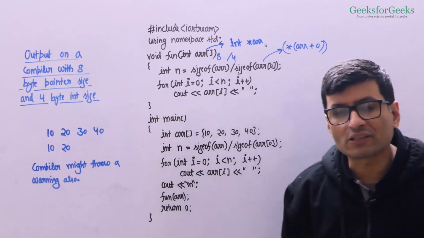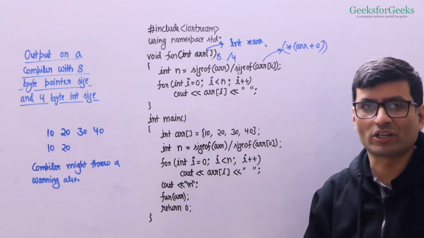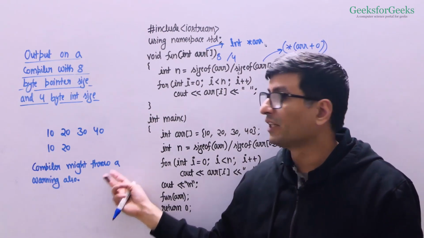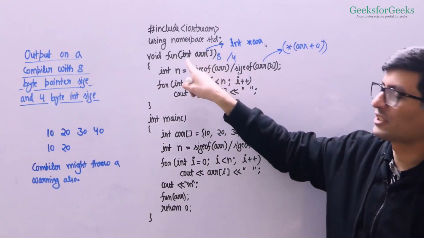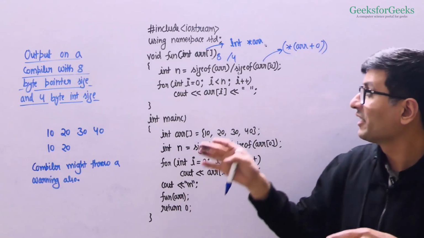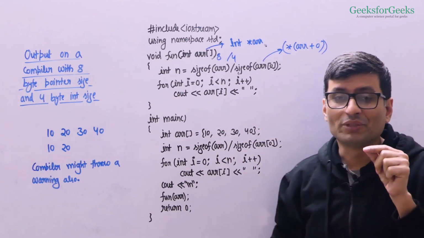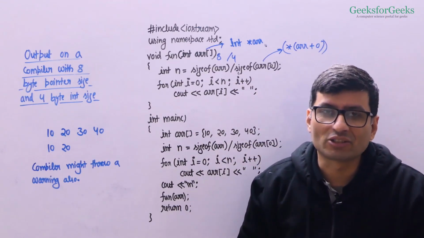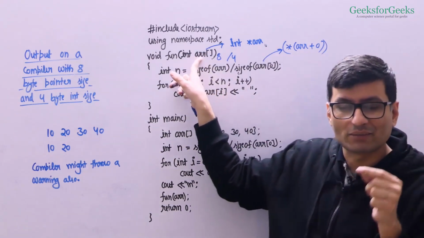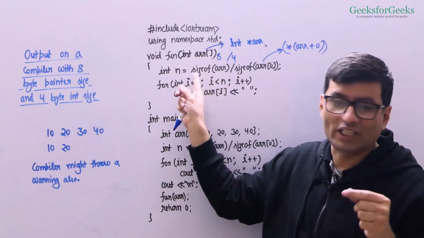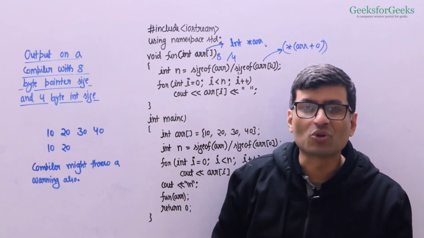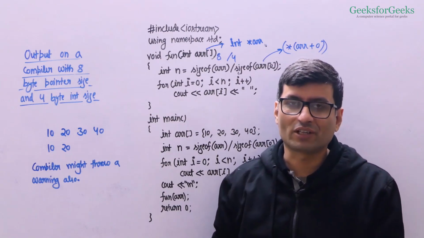Your compilers might throw a warning if you're using modern compilers; the old compilers might not. The modern compilers might throw a warning that you are using sizeof inside a function. They exactly tell you what the problem is. So the problem is we should never use sizeof for an array inside a function. Whenever you are passing an array as a parameter, do not use sizeof to get the size of the array. Now the question arises, how do we get the size of an array for a function?